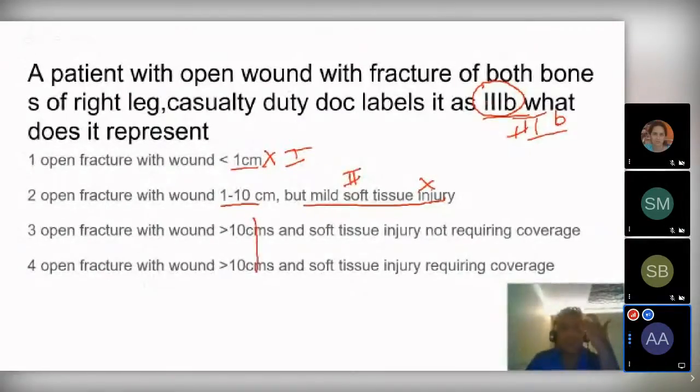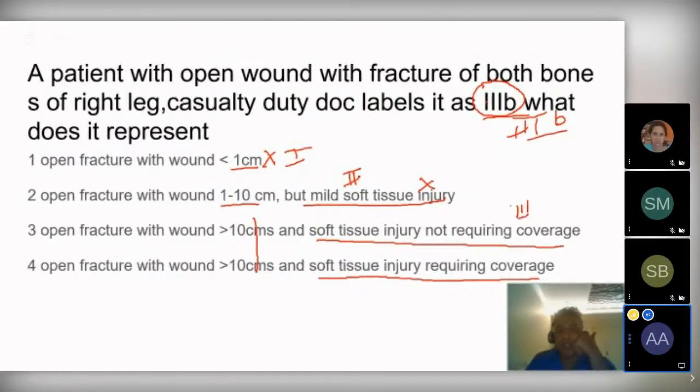Okay, both are same. You focus on soft tissue injury not requiring coverage versus soft tissue injury requiring coverage. So not requiring coverage is 3A, requiring coverage is 3B.